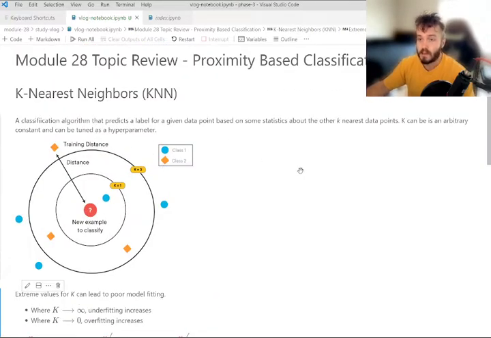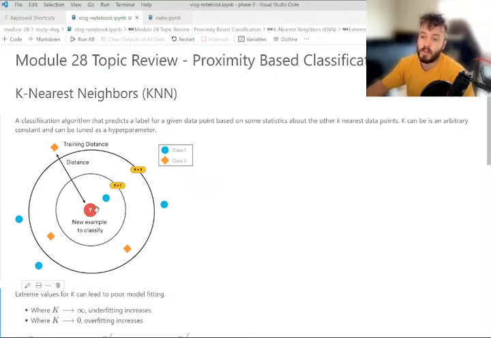Basically, K nearest neighbors is a classification algorithm that classifies a given data point based on some statistics about the other data points within a certain range of that given data point. On the simplest level, that's how it works.